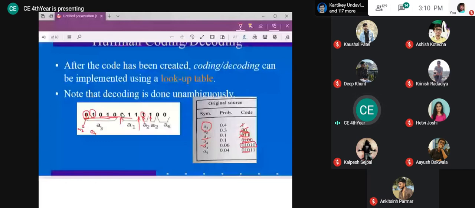Right? So now if you want to try this example quickly, tell me what the decoded message is here. Be quick, this is the table. Tell me what the message decoded here is.